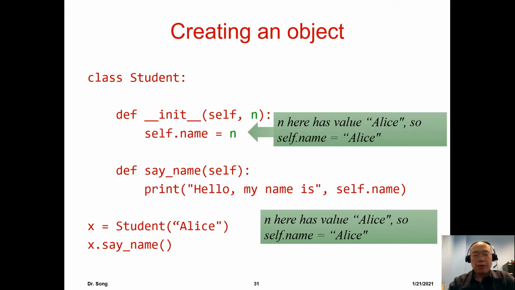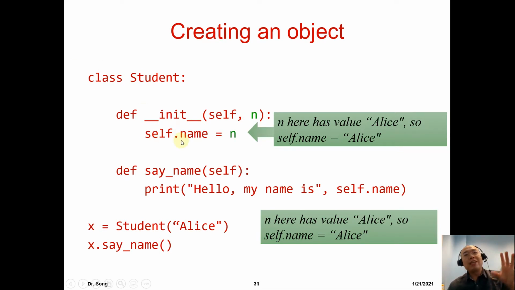Okay, if you want to create an object, first you want to use the constructor. In the constructor, the first parameter is self, of course, and the second parameter is n, and then inside the constructor you say self.name equals n. This means when the constructor is triggered, a parameter will be sent into the constructor, and we are going to assign this n to self.name.